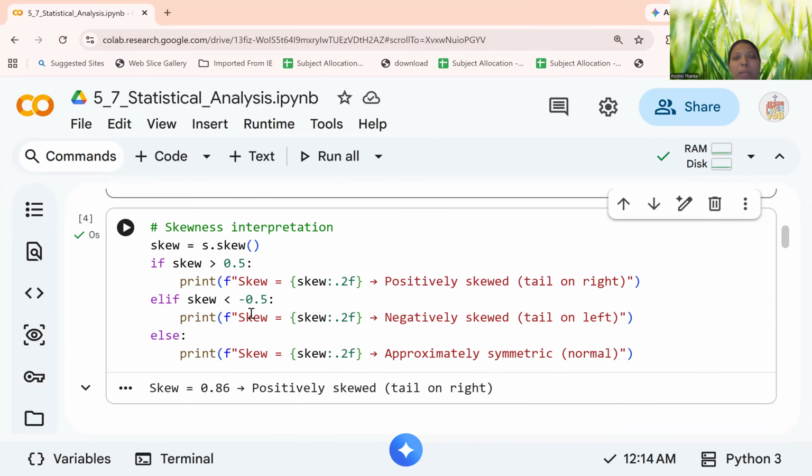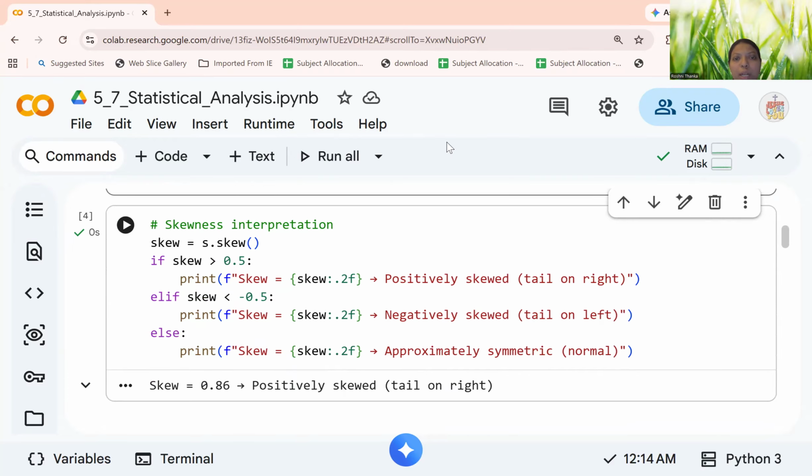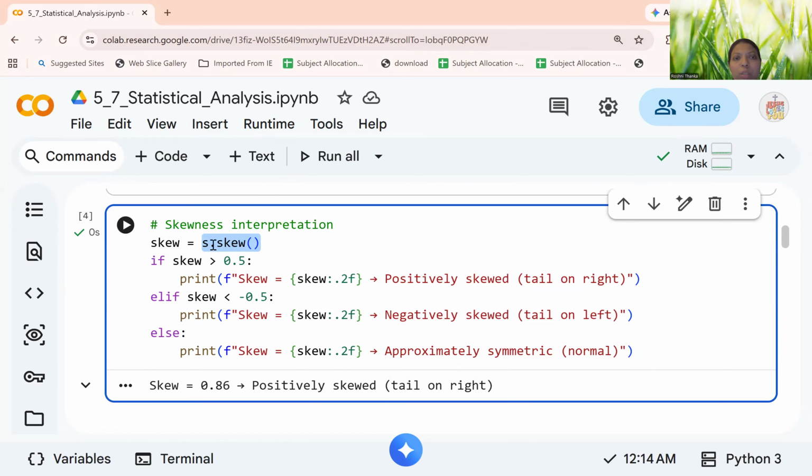Next one is skewness. A normal distribution looks like a bell curve. If more students are scoring high values, or more students are scoring low values, then it will be skewed towards one particular side. We are finding the skew for s, which contains the scores of that data frame.